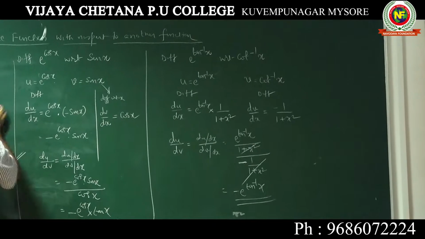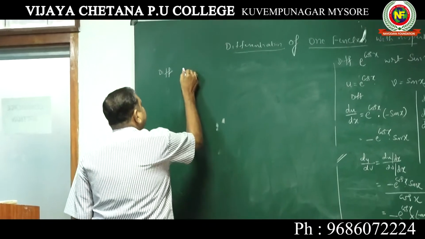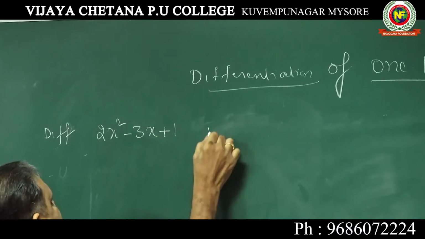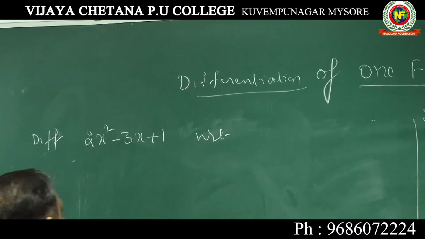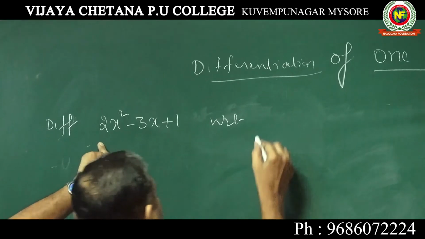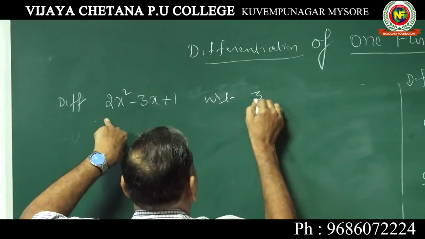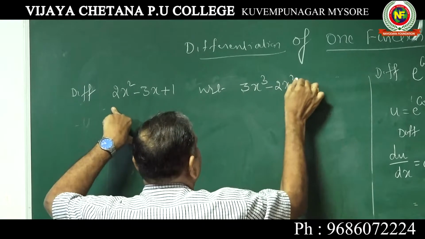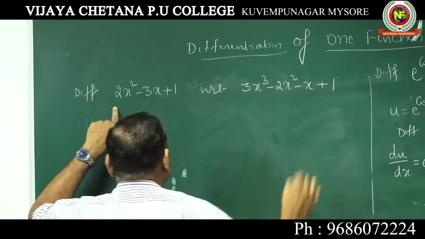Now we should take the next one: differentiate 2x square minus 3x plus 1 with respect to 3x cube minus 2x square minus x plus 1.